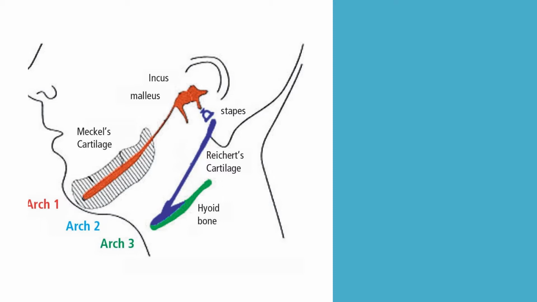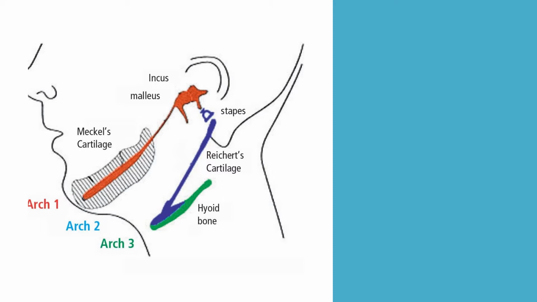Coming to the mandibular process, there is a dorsal part and a ventral part. The dorsal part forms a cartilaginous extension going up to the cartilaginous ear capsule. So the dorsal part forms two important cartilages, malleus and incus.